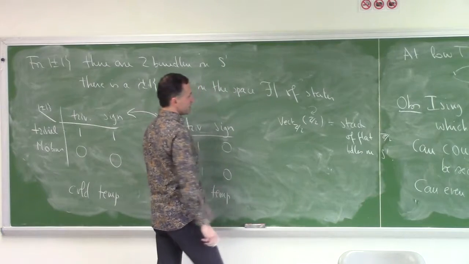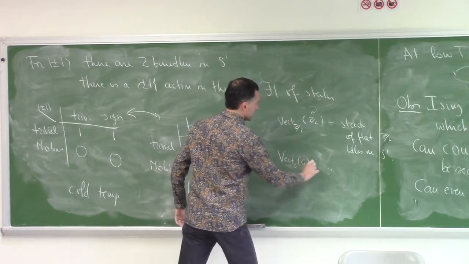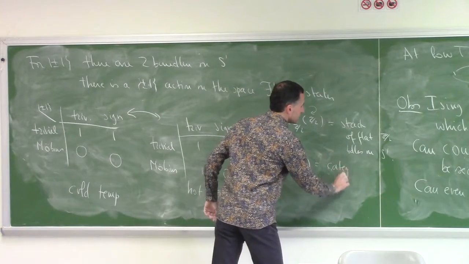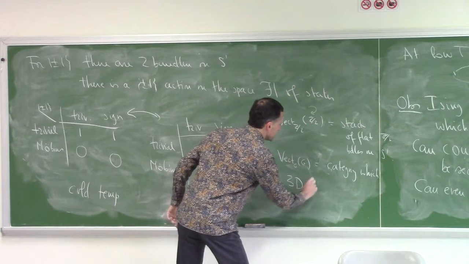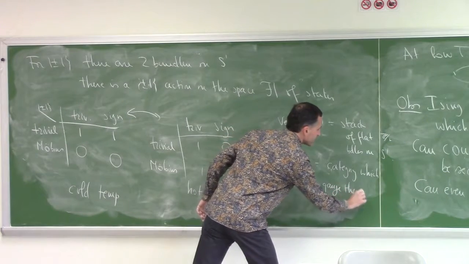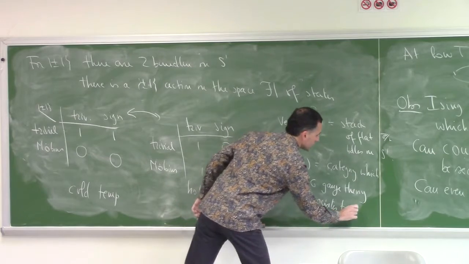And actually, since I've written that, Vect_G(G) is a category which three-dimensional G gauge theory associates with a circle, S1.